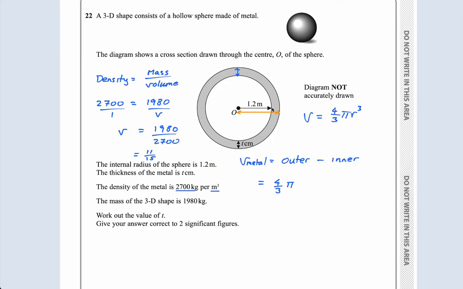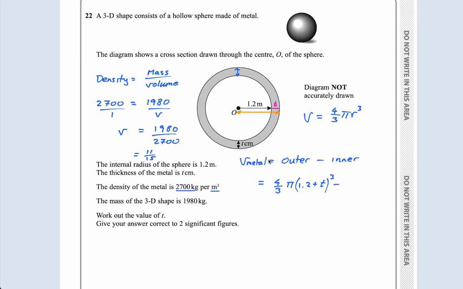Well, it's 1.2 plus t, because this tiny bit here is t, because it gives it there. So we have 4 over 3 pi r cubed, but our r is 1.2 plus t cubed, like that. That's my pi r cubed.